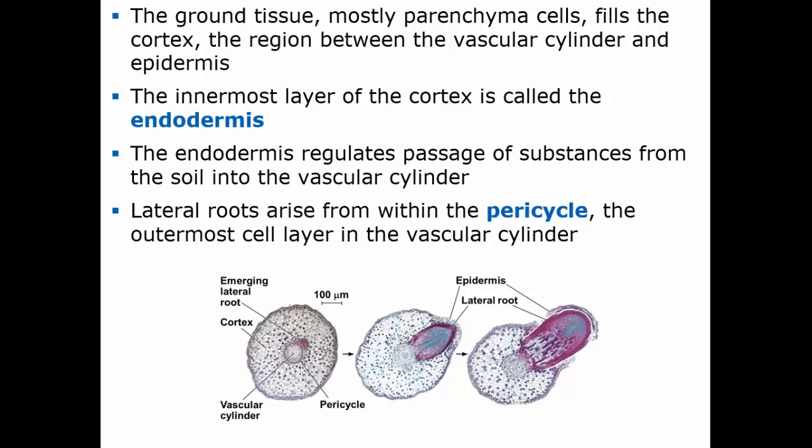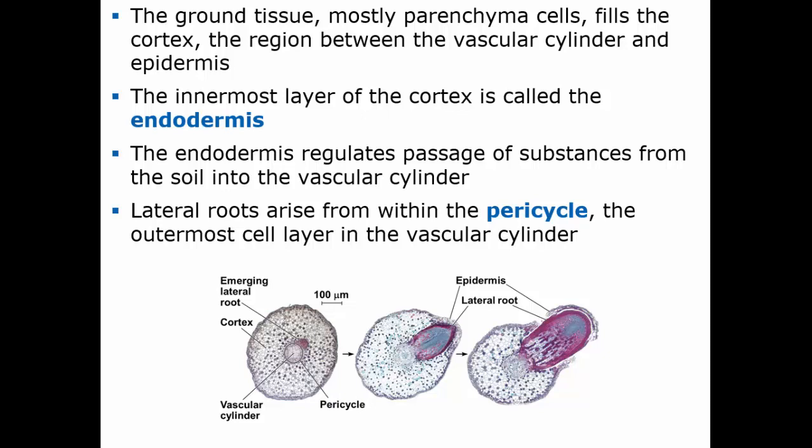The ground tissue surrounding the vascular tissue is mostly parenchyma cells. Okay, and can you remember what the primary function of parenchyma is? Okay, it's the metabolic function.